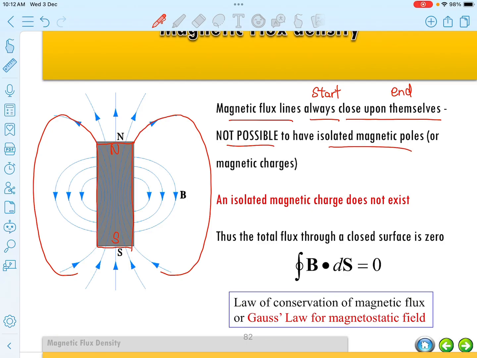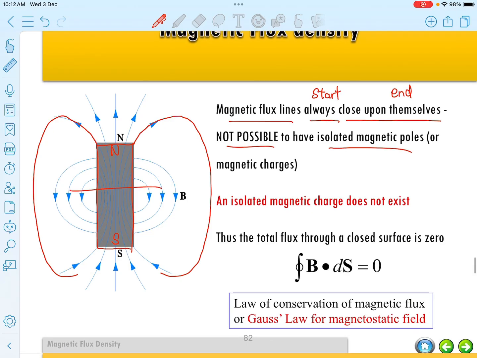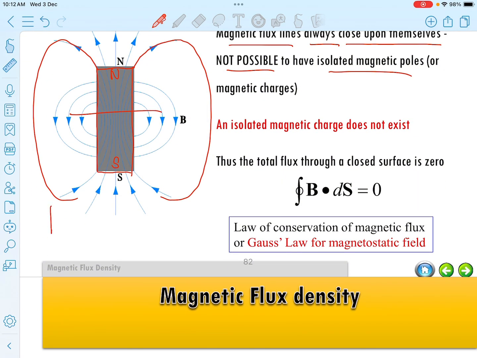It means that no matter how small I cut this magnet bar, even if I cut it into two, automatically this one will become a north pole, here will be a south pole, and here also north and south. No matter how fine I cut the magnet bar, it is impossible to only have a north pole like this or a south pole like this.